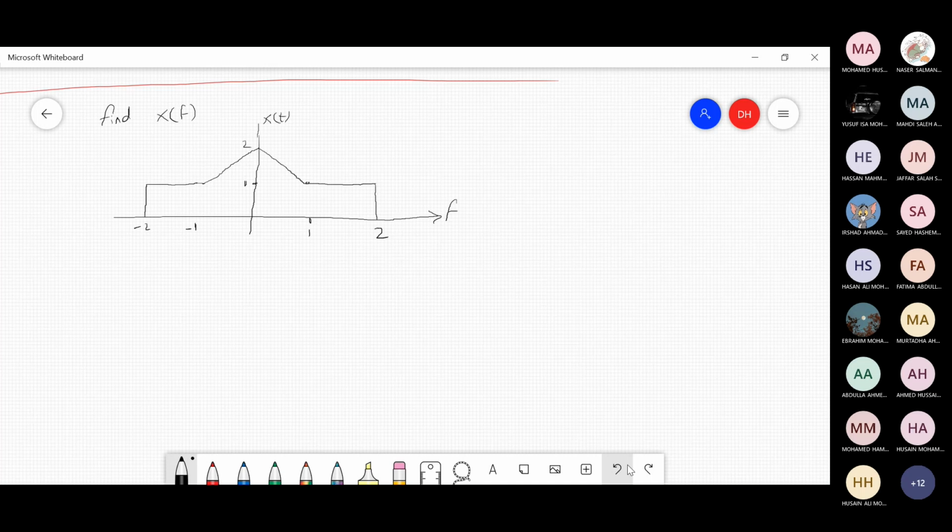This x, I can split it into two. So one, it is this: from -2 to 2, and here we have 1.